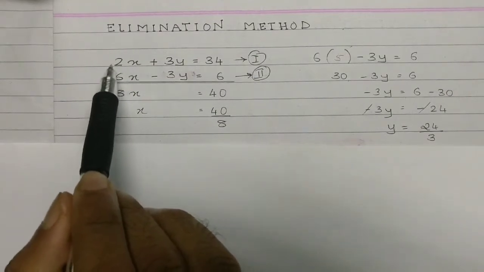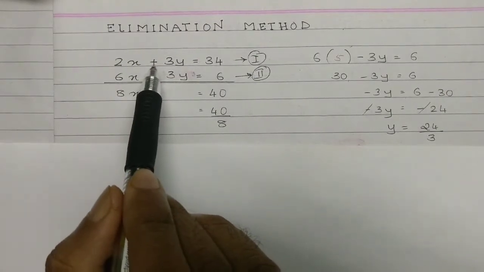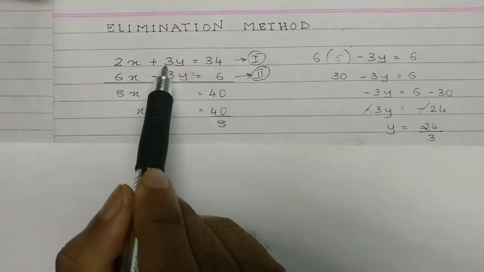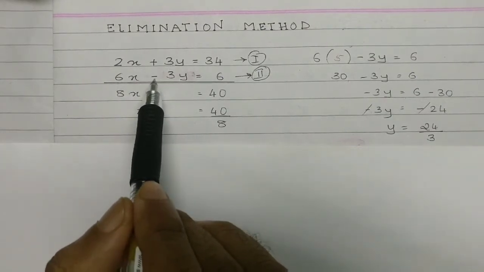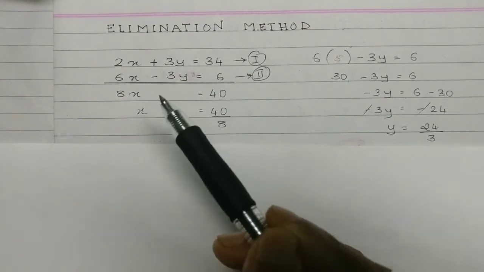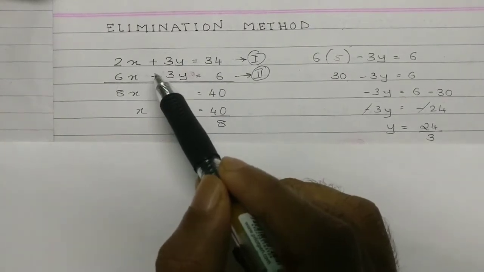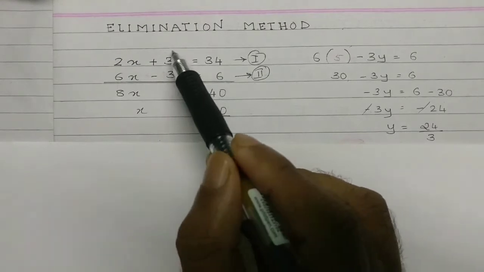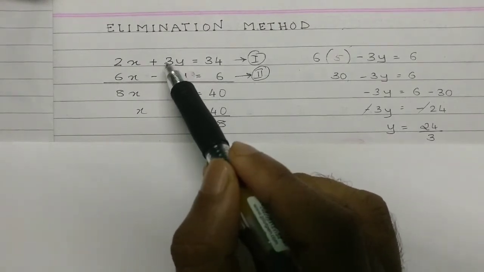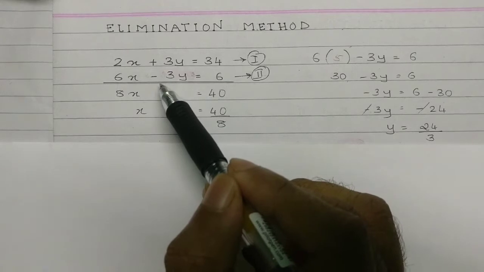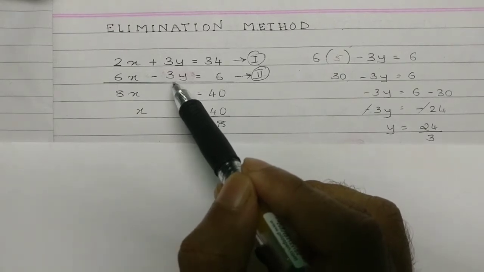So I don't want to look at these ones. What about this? This is positive 3y and this is negative 3y. Currently, I'm just concentrating on the signs. If you have the coefficient, that is 3, also the same, that's the best problem that you can get for an exam.